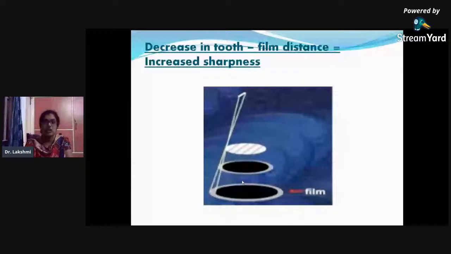So here the penumbra is less, so the image will definitely be sharp. Whereas if the tooth film distance is not decreased, the sharpness falls because there is comparatively more penumbra formation over here, you can see.